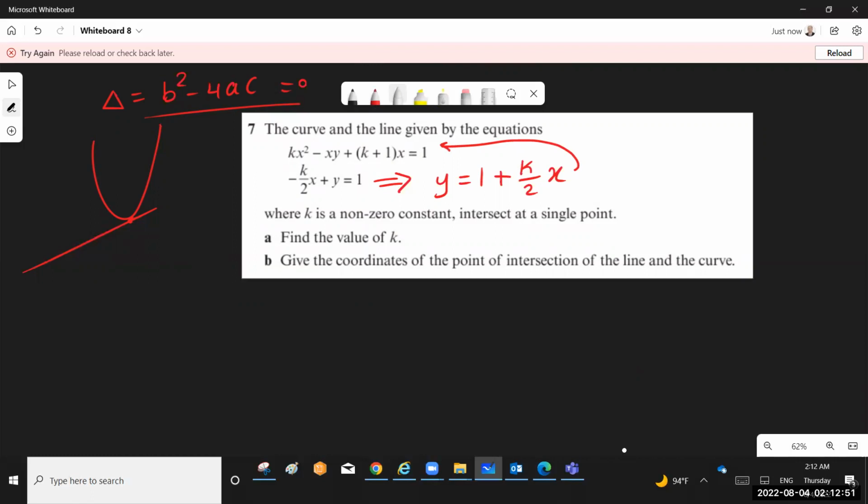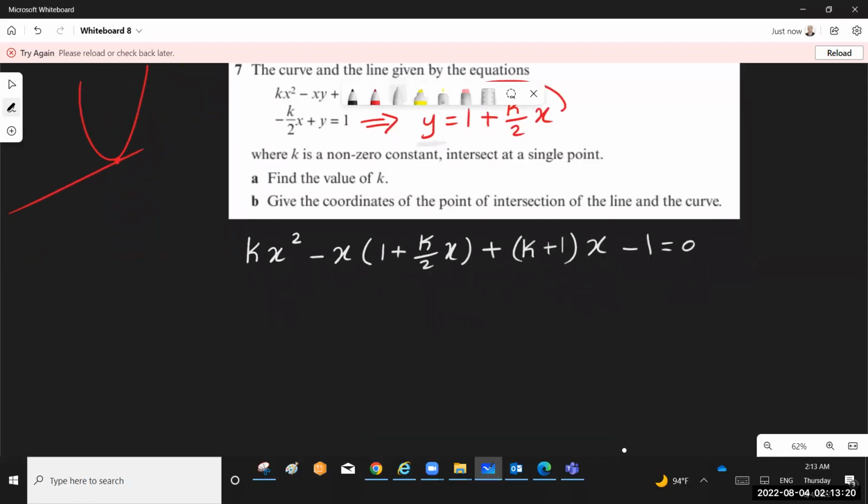kx squared minus x into the y, which is 1 plus k over 2 x, okay? Plus k plus 1 into x. We leave x and only substitute for y. Be careful. Minus 1 is equal to 0. Is it okay now?